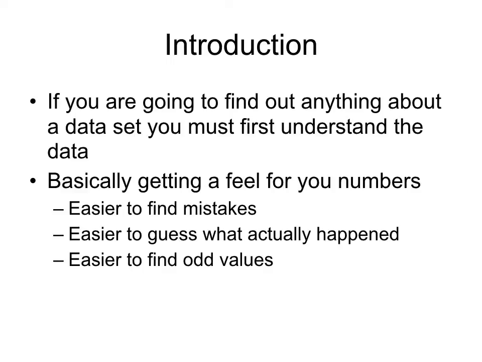So it's going to be easier to find mistakes that you may have made. You may have made coding errors. A lot of times when you're doing anything that's not automatic, you will have to transcribe numbers into a spreadsheet of some sort, into SPSS, which is basically the interface for the spreadsheet.